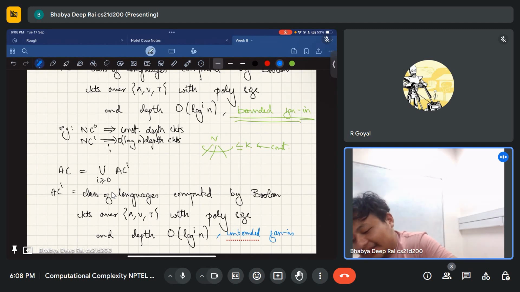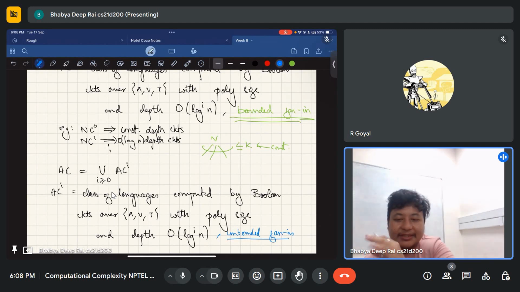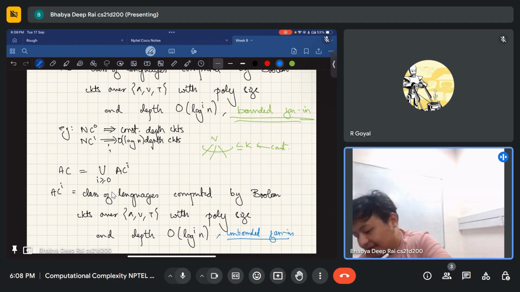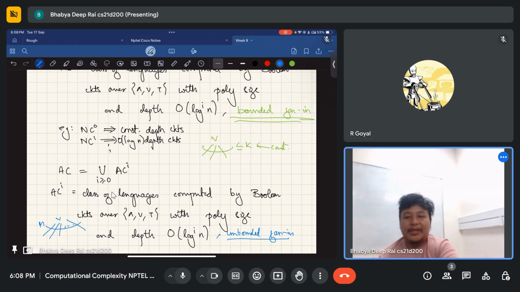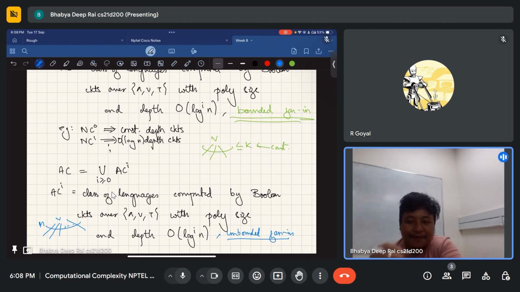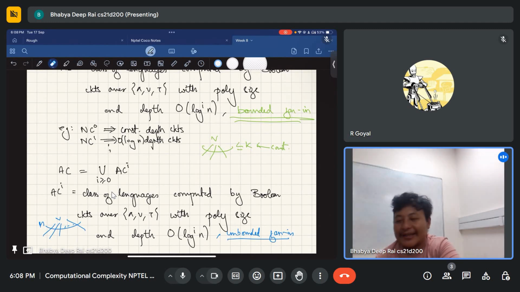Now the difference is unbounded fan-in and bounded fan-in. Unbounded means the fan-in of each gate is not upper bounded by a constant. It may even depend on n. So that way you can already see which one is more powerful if you compare ACi and NCi.